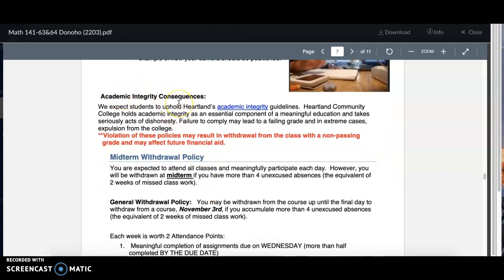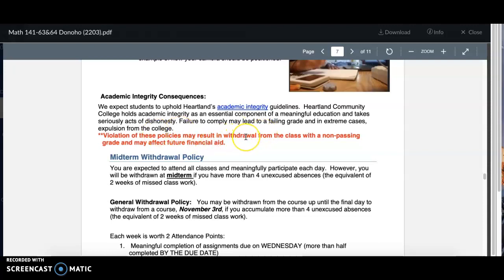We have to put the academic integrity consequences in here. I hope that never becomes a problem, but we do take it very seriously. And if you get caught in an academic integrity issue with exams or other content in the course, you could get a failing grade in the course. And in extreme cases, if it's something that's really pretty bad, you could get expelled from the college.